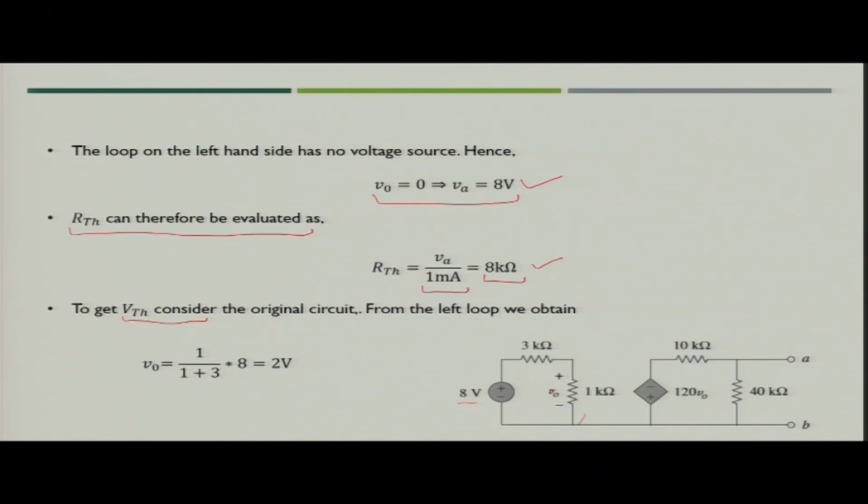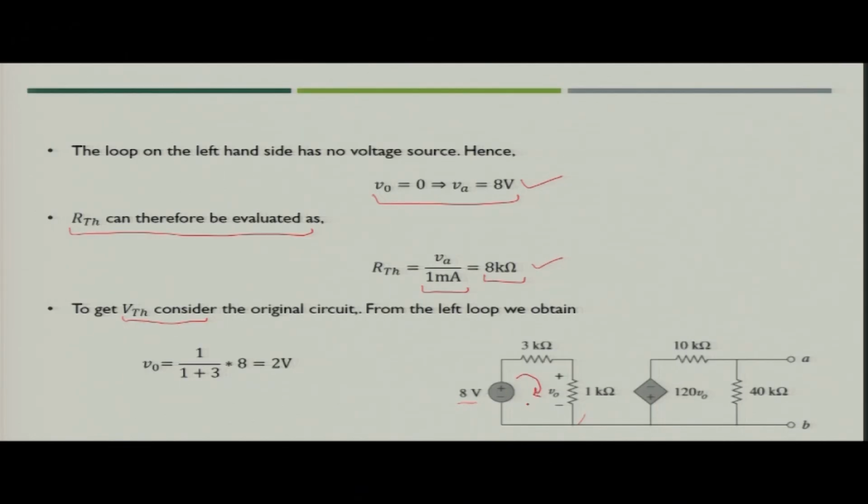So, finally, voltage V naught across 1 kilo ohm would be 1 upon 1 plus 3 into the value 8 volt, or you can simply write the loop equation and simplify it. If you write the loop equation, you will get the value of current, and then you multiply the current with 1 kilo ohm, you get the value of V naught.